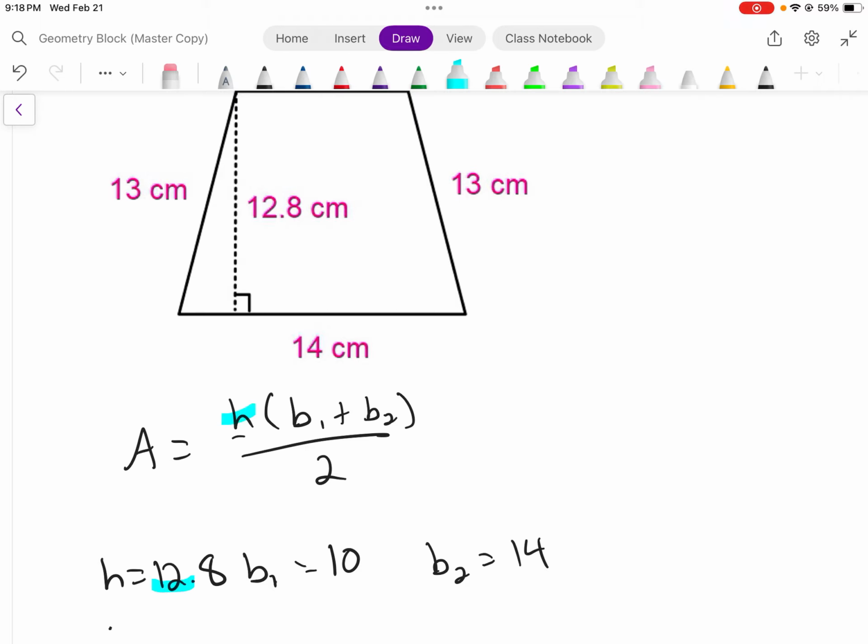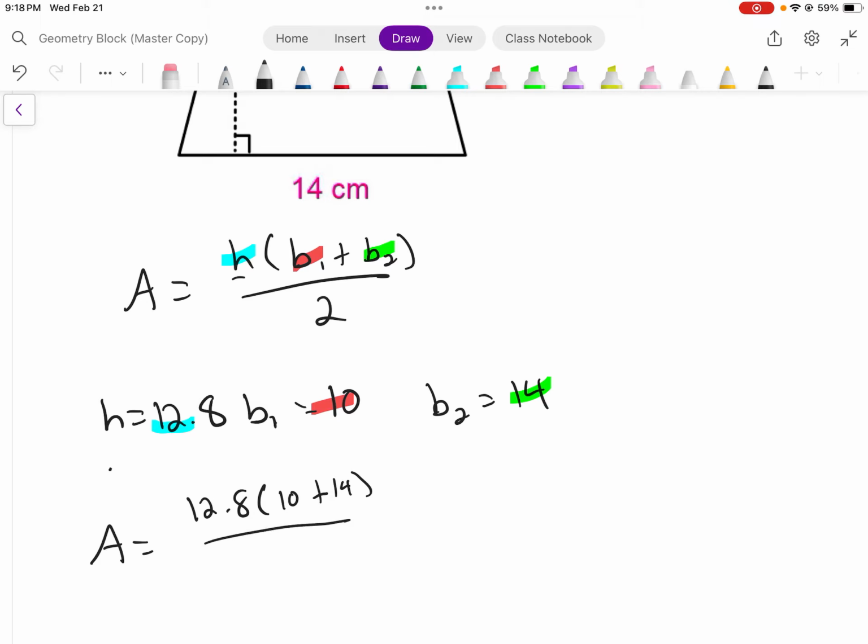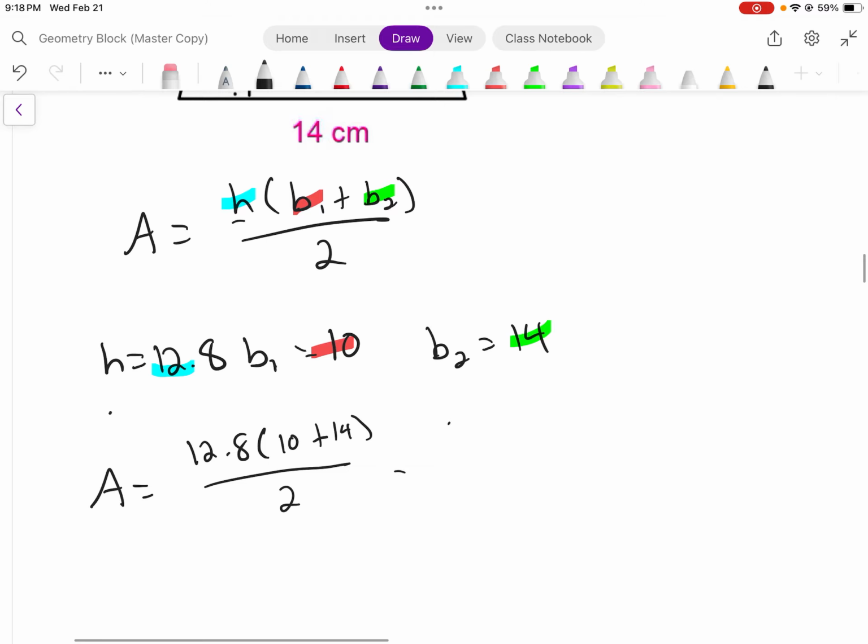Now I know everything I need to figure out the area. So just plugging it in, 12.8 times the sum of 10 and 14, all over 2. 12.8 times 24 over 2.